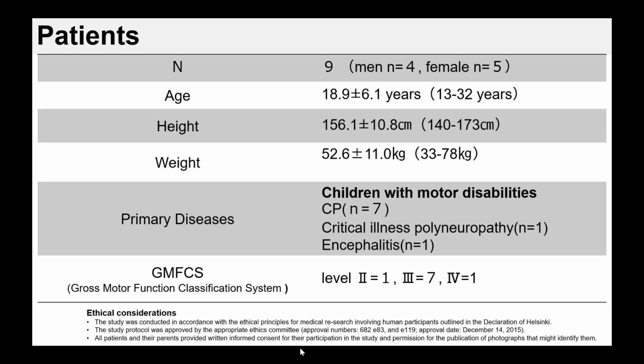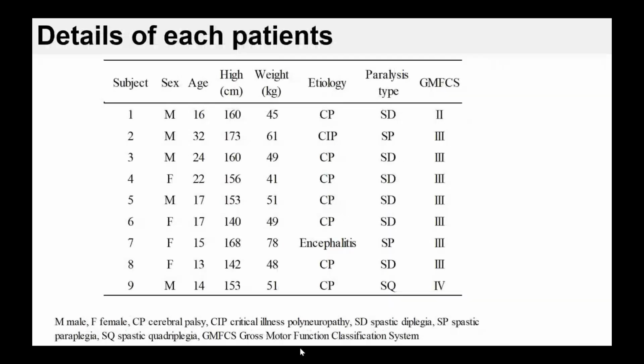About GMFCS, there was 1 level 2 patient, 7 level 3 patients, and 1 level 4 patient. Regarding the paralysis type, 6 patients presented with spastic diplegia, 1 with spastic quadriplegia, and 2 with paraplegia.